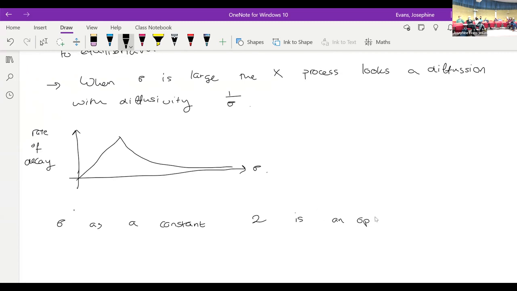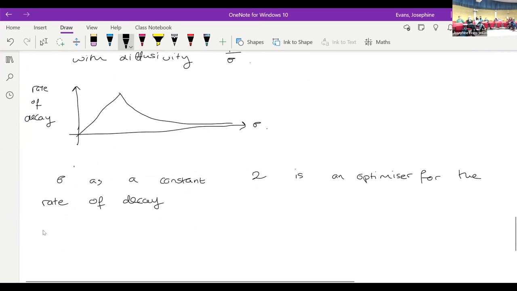An optimizer for the rate of decay. We got this by proving two bounds which correspond to different regimes for the L1 norm of sigma.